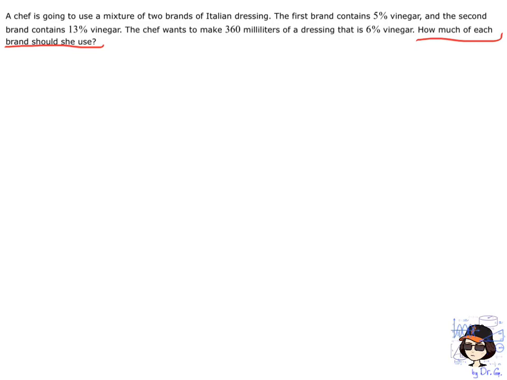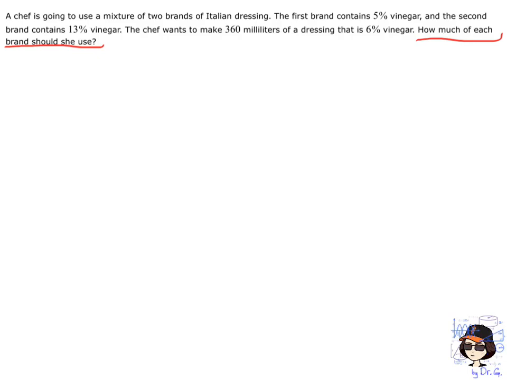So it makes sense that she's going to use a certain number of milliliters of the first brand and mix it with another certain number of milliliters of the second brand, and mix those two together and end up with 360 milliliters. So the unknowns are the number of milliliters of each brand that she's going to use.